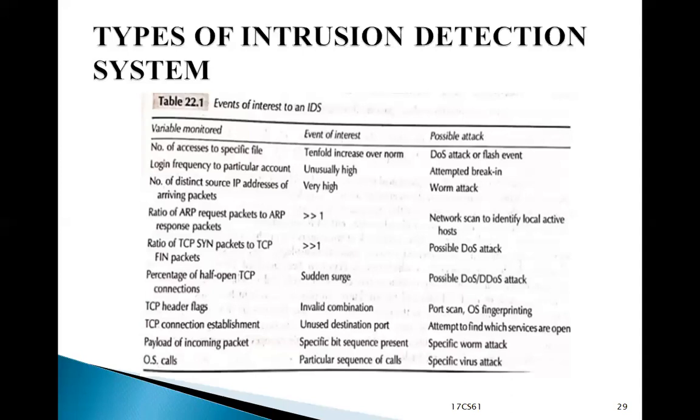In the real world, an IDS monitors and mines hundreds of variables for interesting patterns. We'll look at what exactly is meant by interesting patterns here. As you can see in the diagram, table, events of interest to an IDS, we will see what information it is monitoring over the system and what information it is going to fetch.